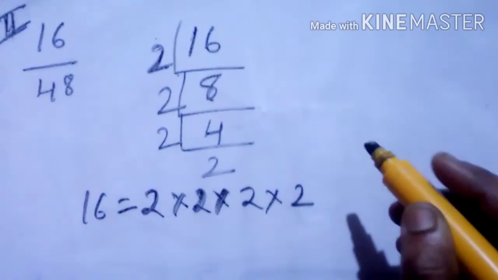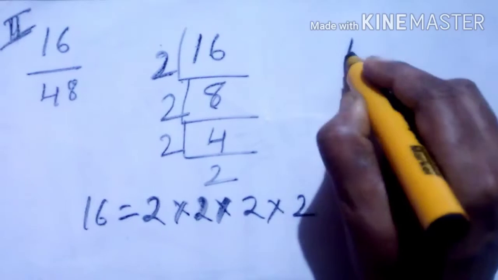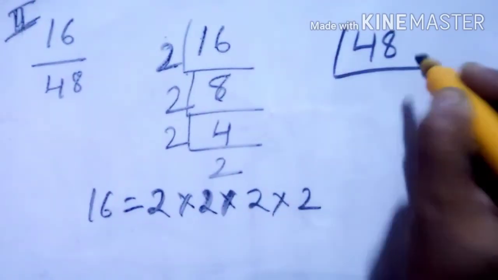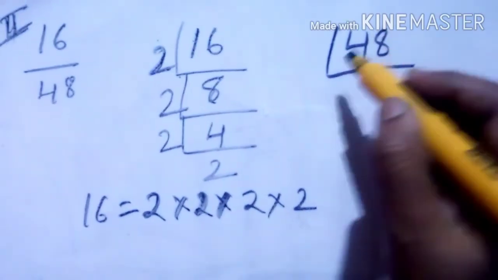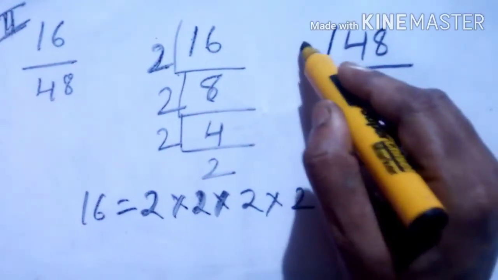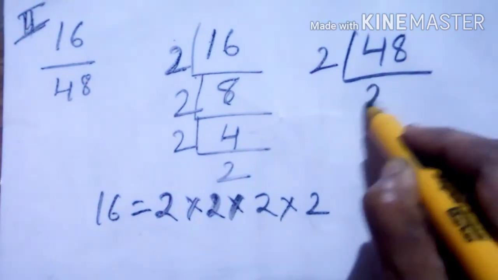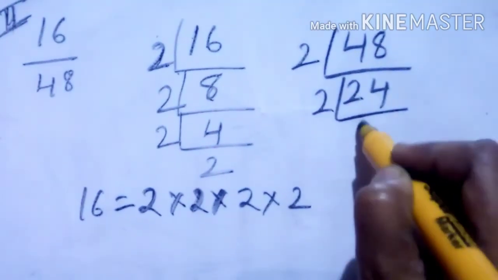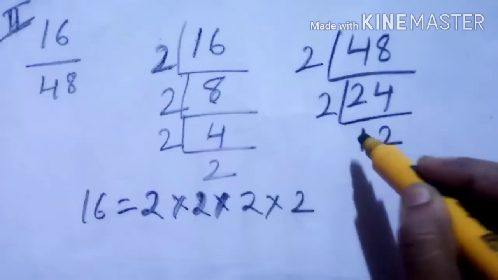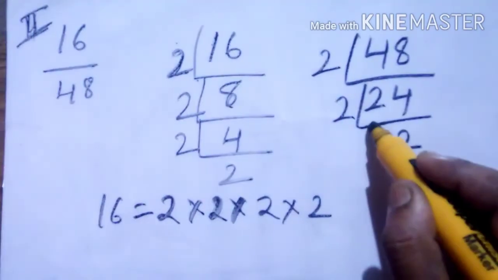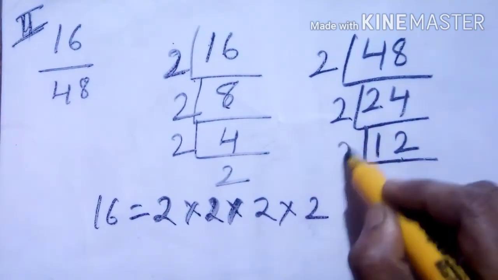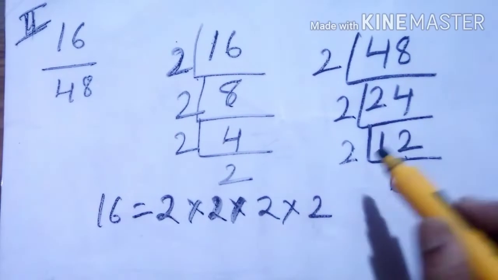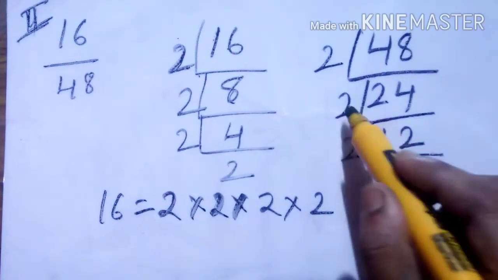Then what about 48? See here. So the prime factor of 48 is 2. 2 24 times 48, 2 12 times 24, 2 6 times 12, 2 3 times 6. Everywhere you have to find the prime factor.